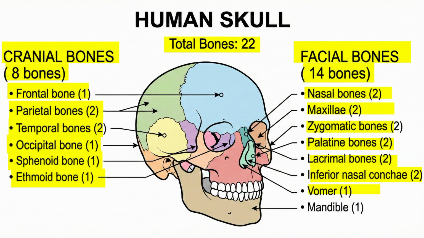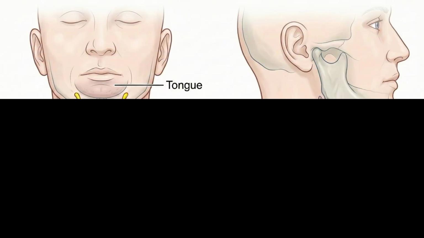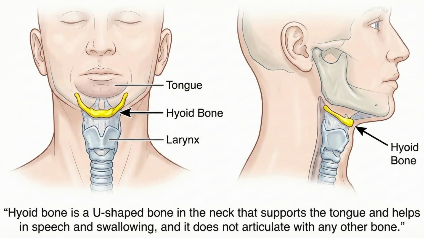Vomer is a single facial bone. It is present inside the nose and divides the nose into left and right parts. Mandible bone, 1. Mandible is a single bone. It forms the lower jaw. Total, 14 facial bones. So we have now discussed all the bones of the skull.